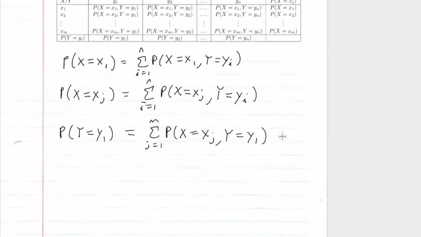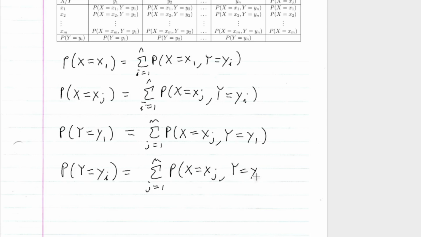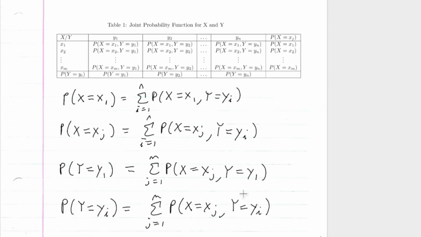And now, for any of them, the probability that y is equal to y sub i, in this case the i is fixed. For any one of these columns I choose, this is equal to the sum, j equals 1 to m, of the probability that x is equal to x sub j and y is equal to y sub i, where y sub i is any of these I choose.